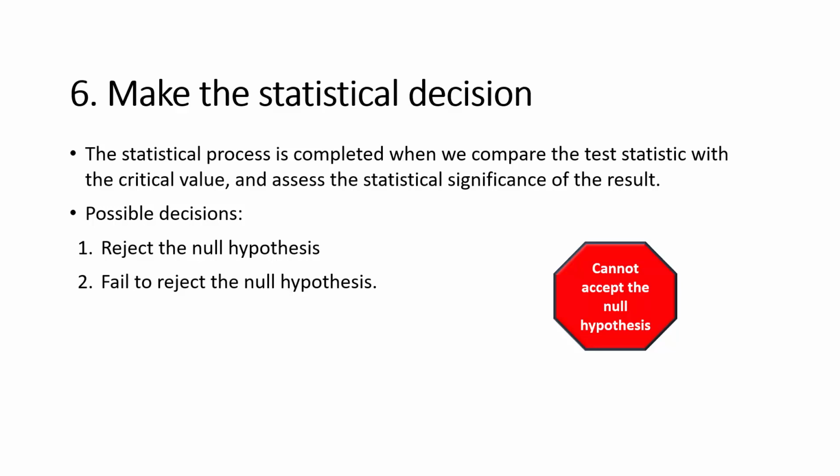You can never, ever, ever accept the null hypothesis. And there's no such thing as almost or barely. It's cut and dry. So you have to look at your critical value, then you look at your calculated test statistic, see where they are in relation to one another, and you make a decision. There's nothing that's almost significant or anything of that nature.